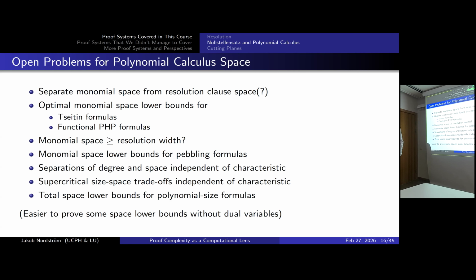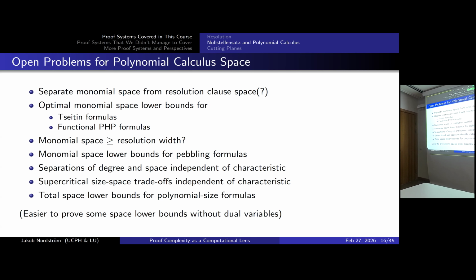We strongly suspect that for Tseitin formulas over expanders and for, say, functional pigeonhole principle formulas, we should have optimal linear monomial space lower bounds. This is open. All we have is this Galesi-Kolodziejczyk-Thapen paper that says that monomial space is at least square root of resolution width, and therefore you get square root n lower bounds.